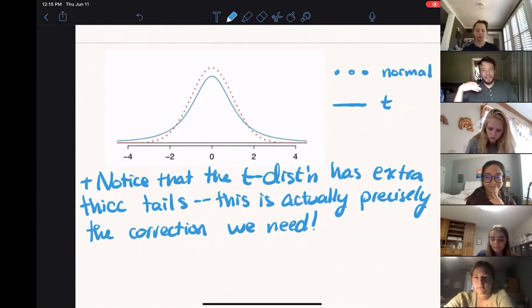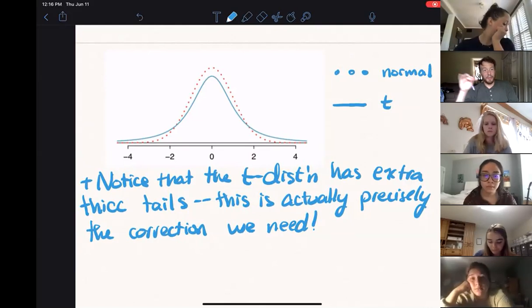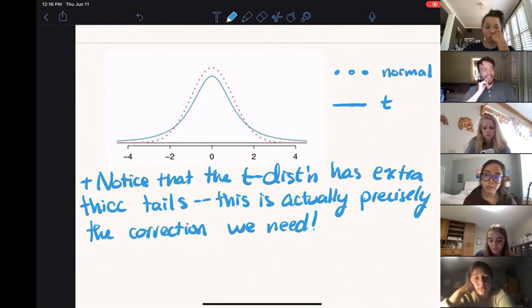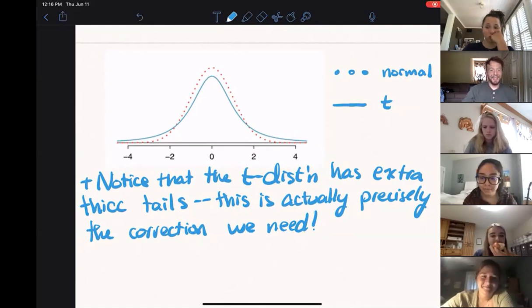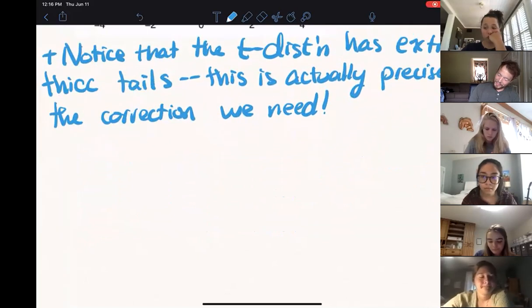So he developed it and published the work under a pseudonym, and he just called himself Student. So this is a huge thing in statistics that came out of, I guess, Guinness. Or like, thank goodness for beer, I guess. I don't know, maybe we can just say it's because of beer that we have this math tool. I kind of like that, actually. Anyway, so this is the t distribution.